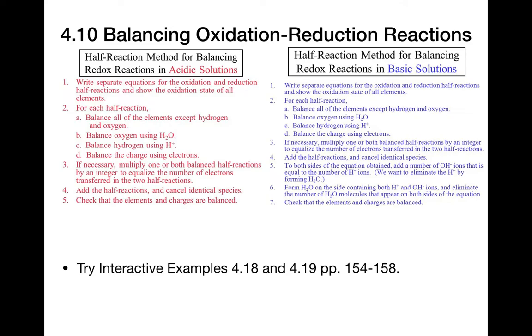Then you're going to simplify your reaction, get your electrons balanced, and put the two reactions back together. Some interactive examples for balancing redox reactions in acidic and basic solutions are 418 and 419.